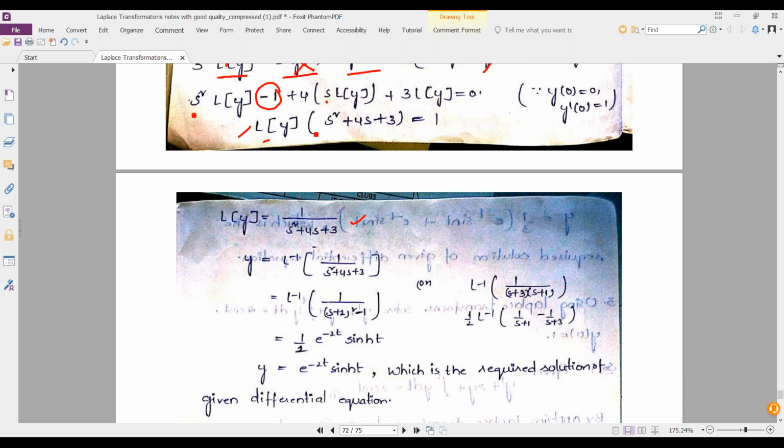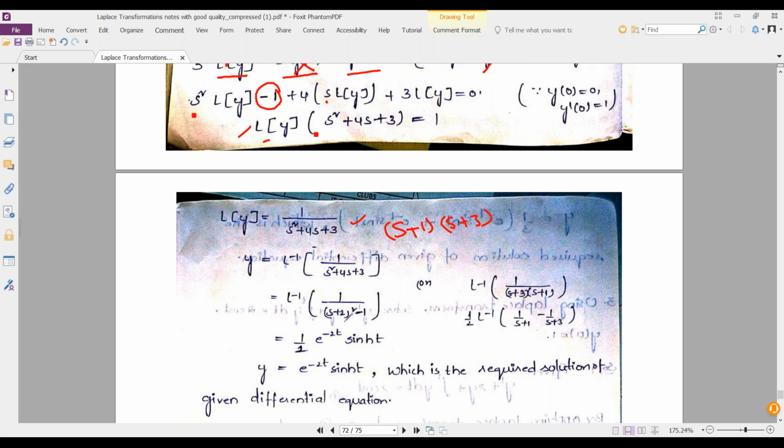Here I can go with my earlier practices, a factorization that can be written as s plus 1 times s plus 3 for s square plus 4s plus 3.